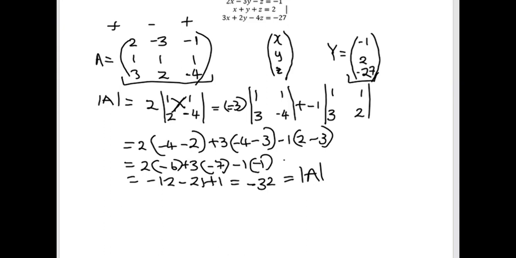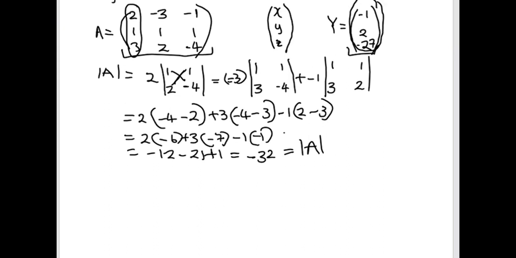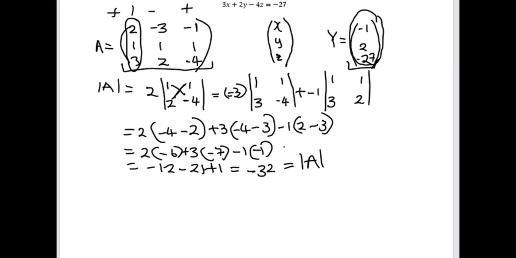And when I augment them, that is when I replace a particular column with my Y column, I'm going to get a matrix. So I'll start by replacing this first column here with this. I'll call that A1.